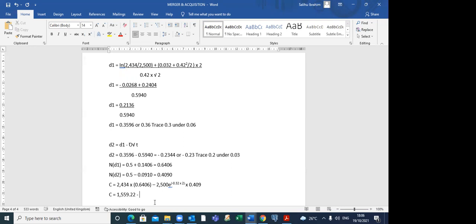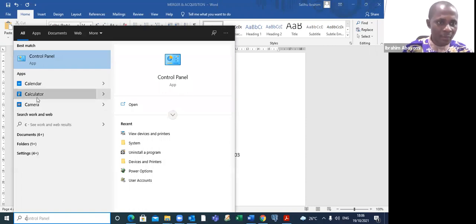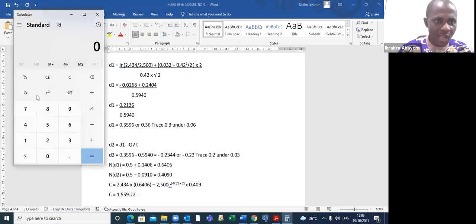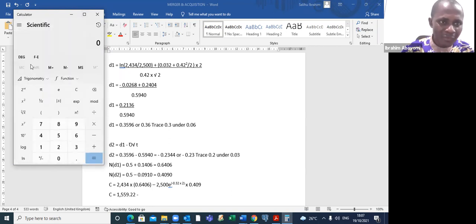You say, go to where you have what? Okay, let me see whether I can see from here, whether this one will be able to do it so that I will show you from here. Let me see. Oh, no, I want scientific. I'm coming now. I want to see whether this one can perform that calculation. Can you see my calculator?